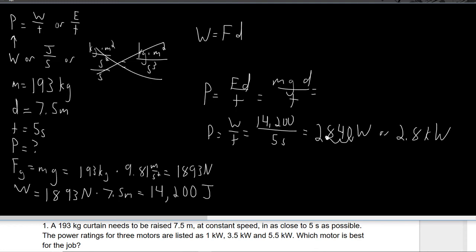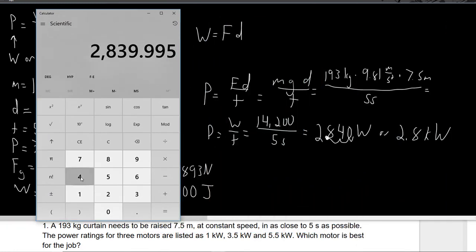And here's to show that doing it the step-by-step way is the same. So here we had 193 kilograms times 9.81 meters per second squared times 7.5 meters, all over 5 seconds, equals, all right, so 193 times 9.81 times 7.5 divided by 5.